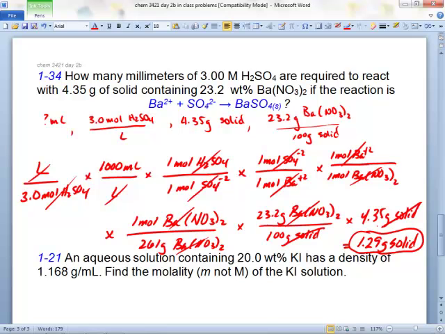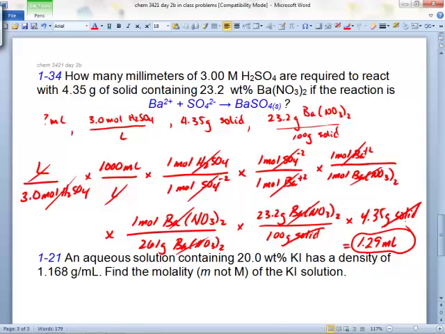Oh, everything canceled but milliliters. Go through all that work and I write grams. Milliliters of that 3 molar H2SO4 solution. So that's probably what we should write.